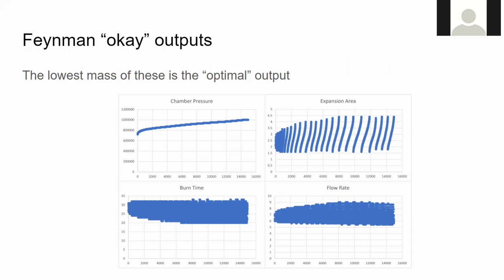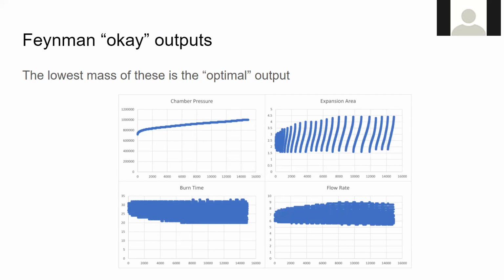Each dot, with chamber pressure, expansion area, burn time, and flow rate, was an input to the rocket system of equations, and then we got a rocket out of it. And so all of these were designs that could work. They would reach 100 kilometers altitude, but they weren't as good as they could be.